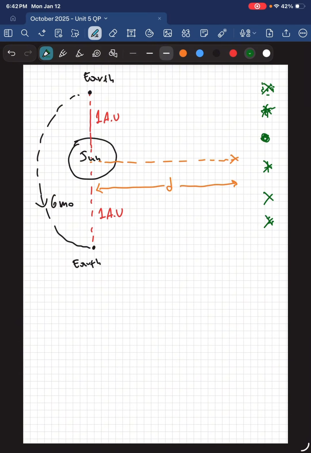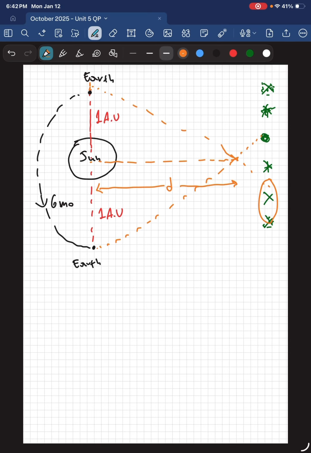If I'm standing here on the surface of Earth now, I will observe the star and I will observe these stars behind it. And 6 months into the future, if I observe the same star, I'm going to find that behind that star I now see different stars.